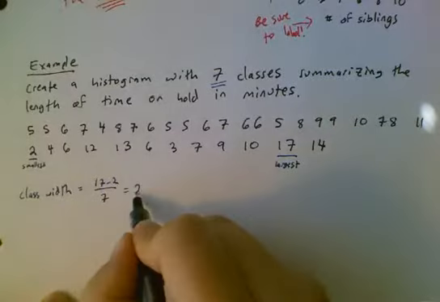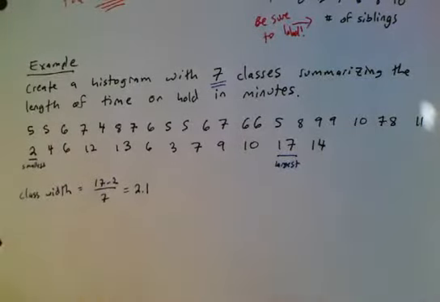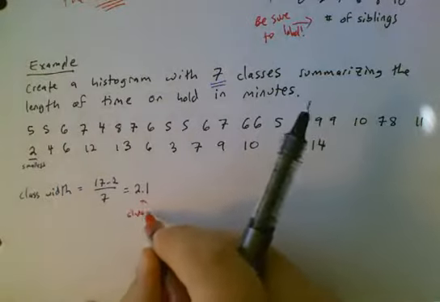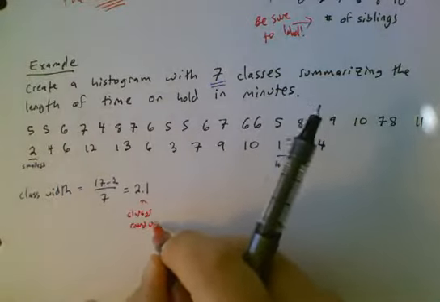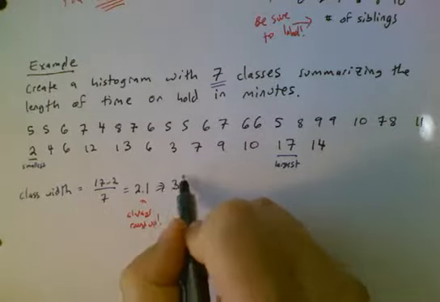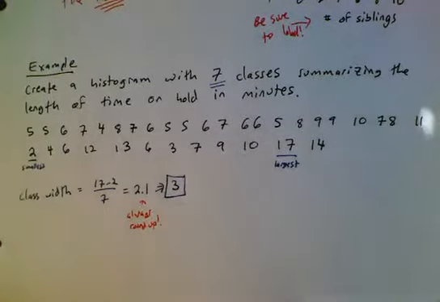When I do that, I get 2.1. Remember, we're always going to round up even if this is less than 5. So that's the class width.